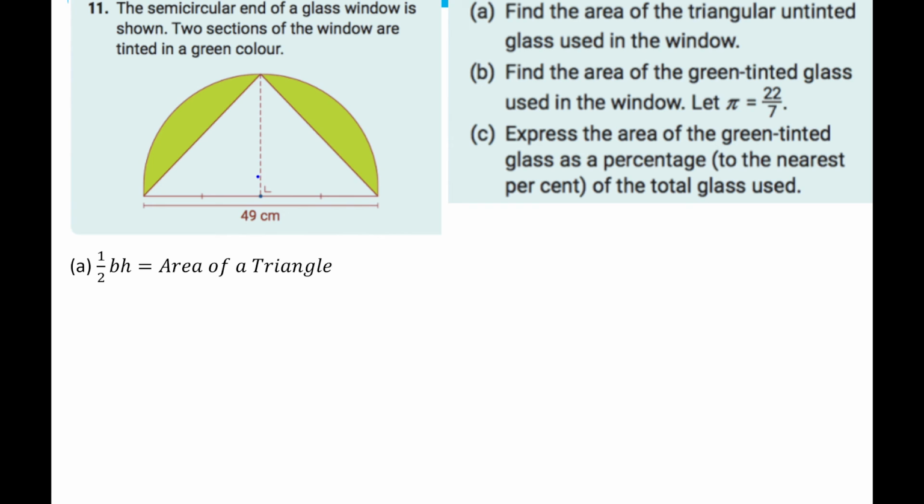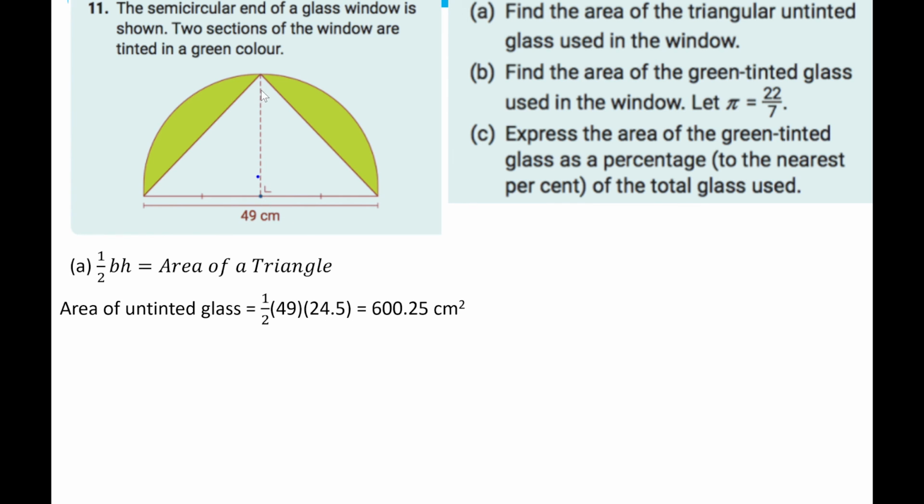The first thing we do is write down our formula for the area of a triangle. A half times base times height equals the area of a triangle. We now substitute in the values that we know. This gives us a half times our base, which is 49, times our height, which is 24.5.